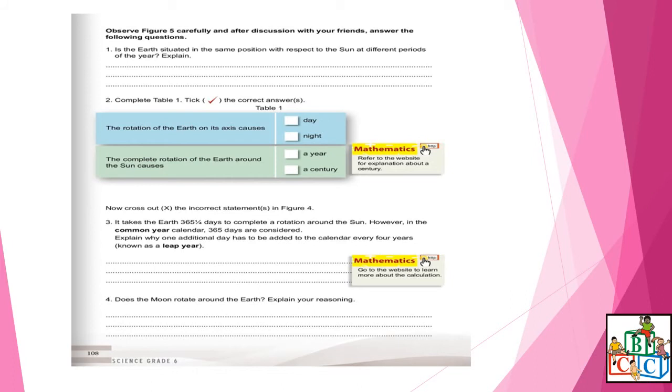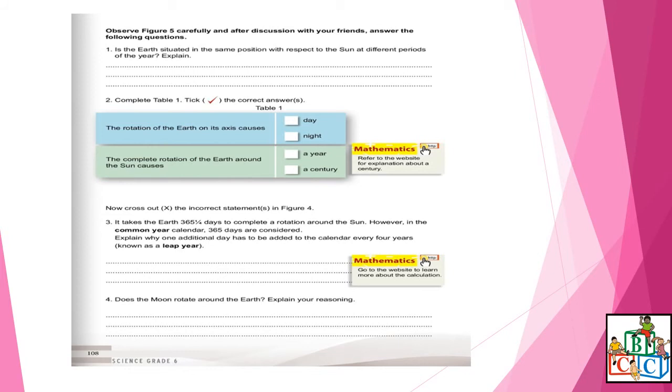Now, what is the meaning of a century? A year means 365 days. A century means 100 years.